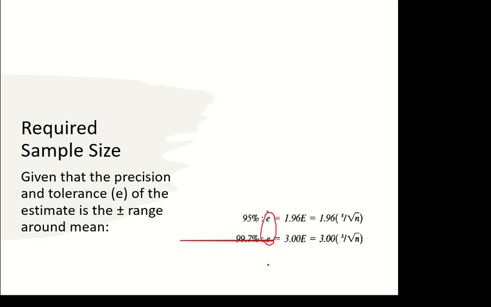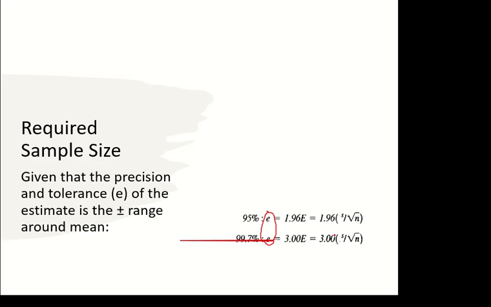Now in the small e equation, I have 1.96 and capital E. Capital E was standard deviation upon root of n. I'm looking for n, the sample size. So I want the equation for n.